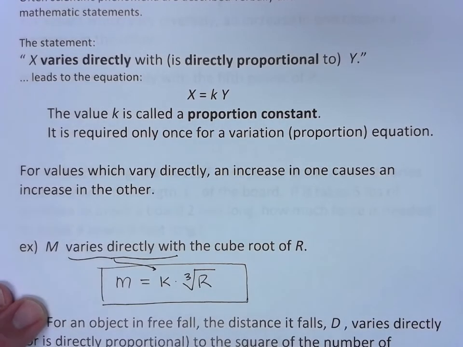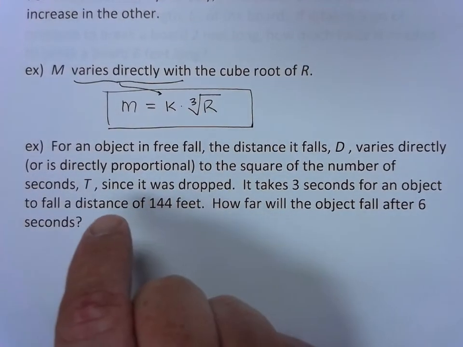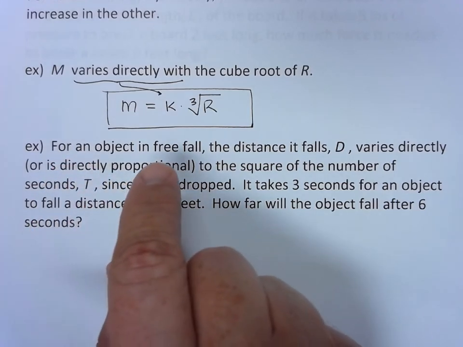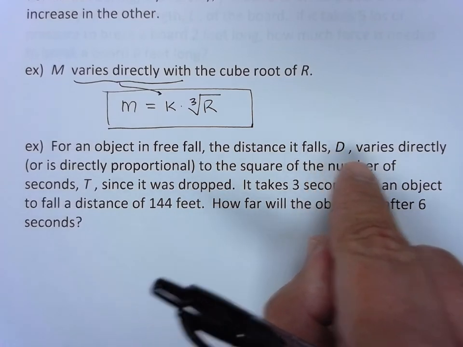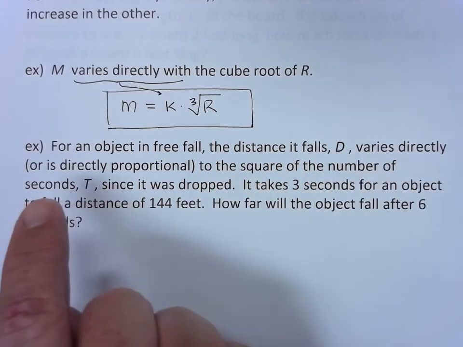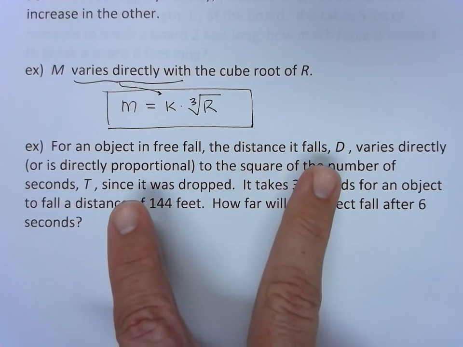Okay, now in an application of this, we've got an example of something that uses direct proportion. For an object that's subject to free fall, the distance that it falls, d, varies directly to the square of the number of seconds, t, since it was dropped. So there are two variables mentioned so far.